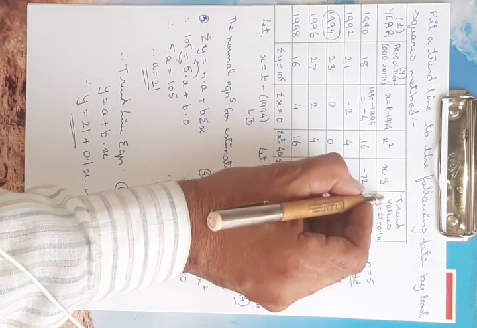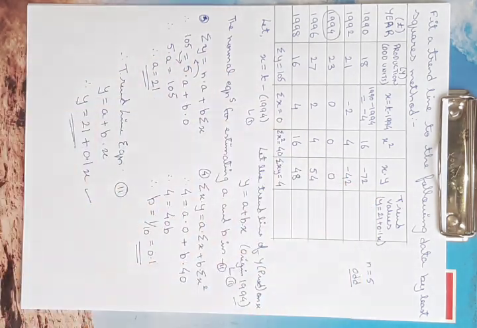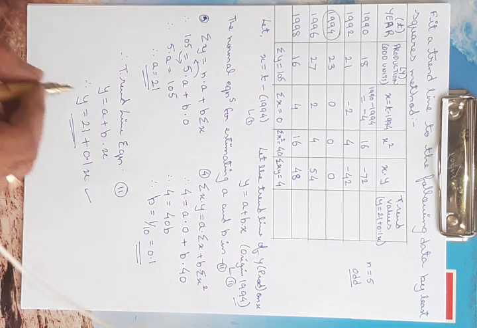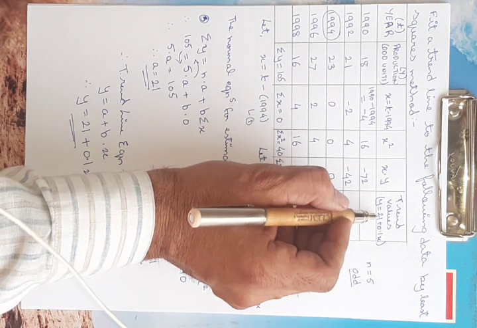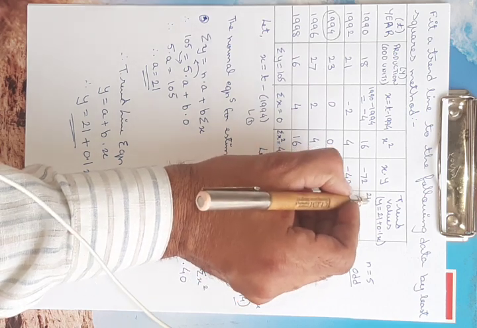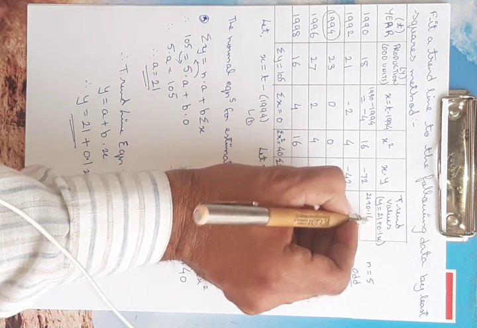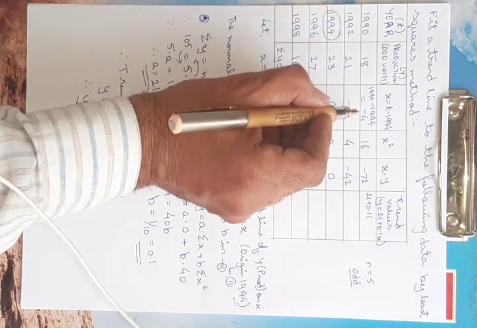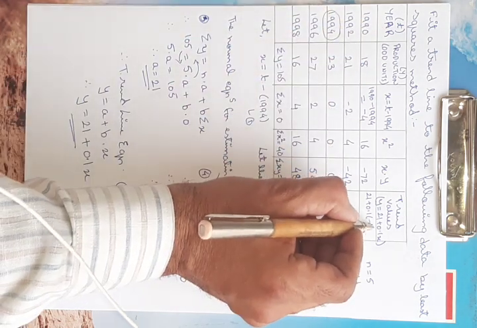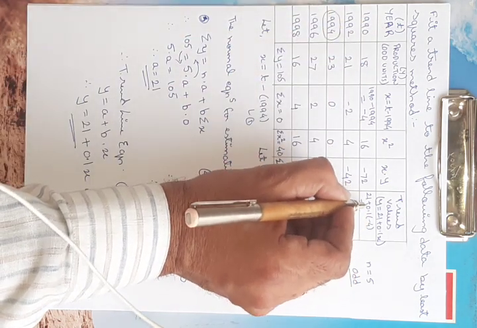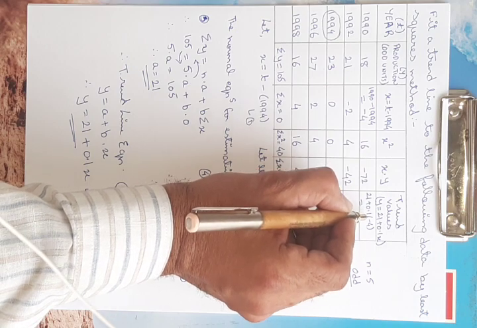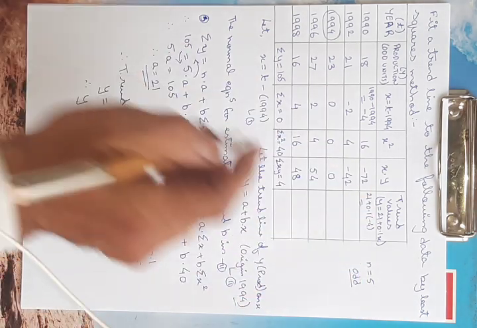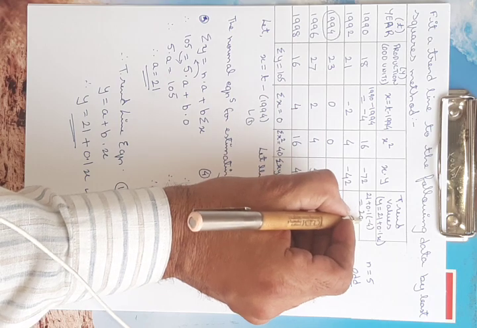For example, the first value is 21 plus 0.1 multiplied by x, where the value of x is minus 4. So 21 minus 0.4 becomes 20.6.